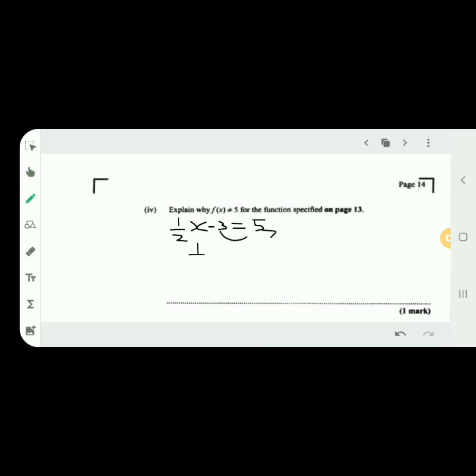Transpose: a half x is equal to 5 plus 3. A half x is equal to 8. And remember, you have to cross multiply. So x is equal to 8 times 2. My answer is 16.